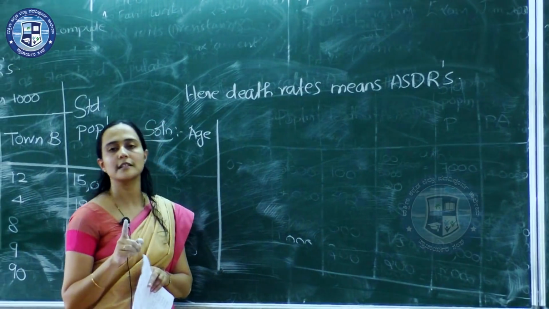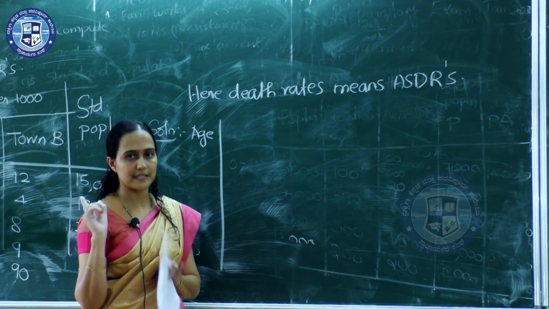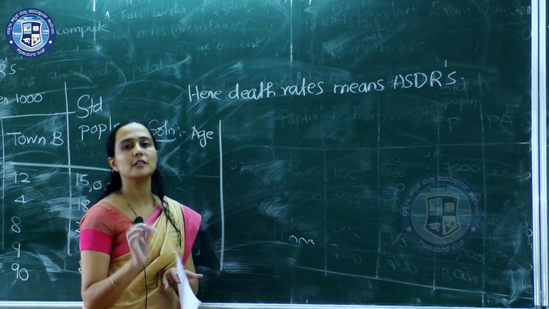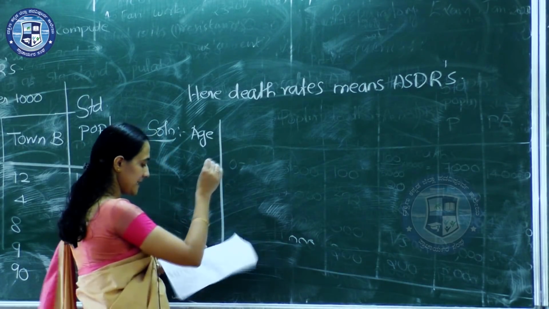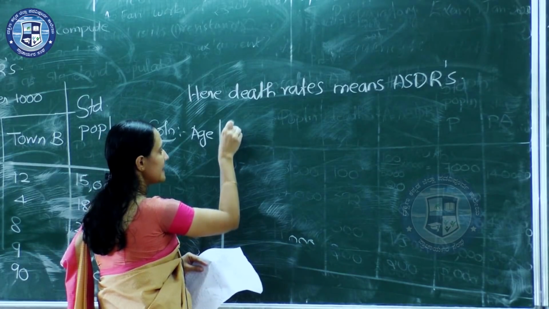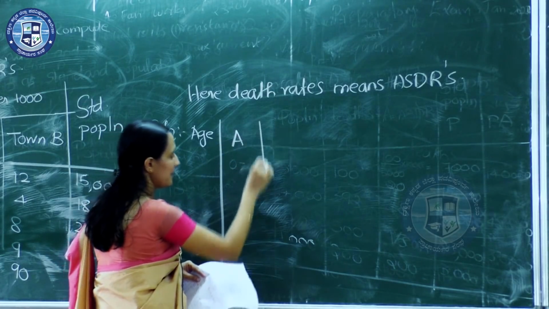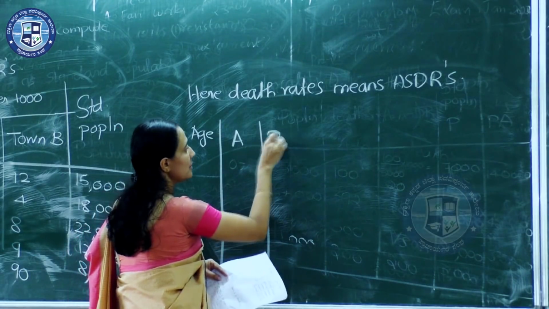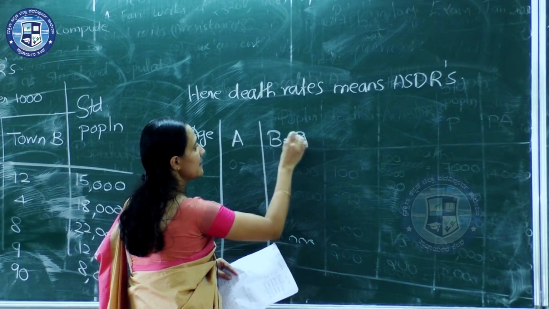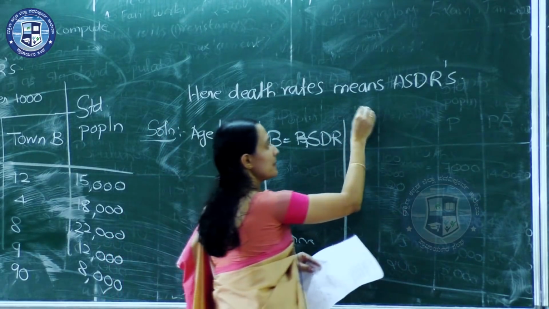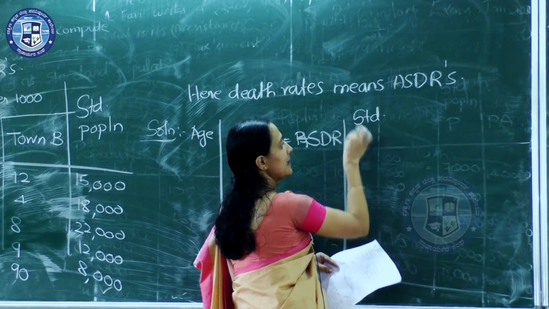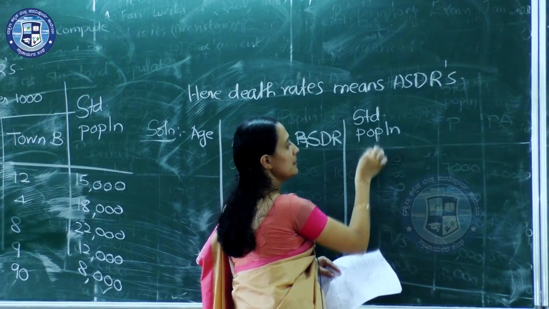Let capital A denote the age specific death rate of the first population, and capital B denote the age specific death rate of the second population. So age, then town A's death rate, capital A, then town B's death rate, capital B. Next the standard population P.